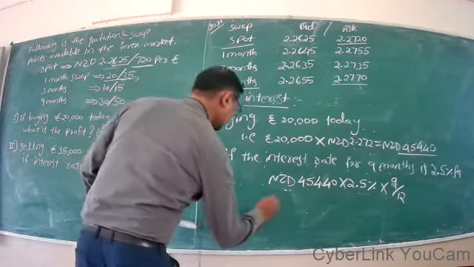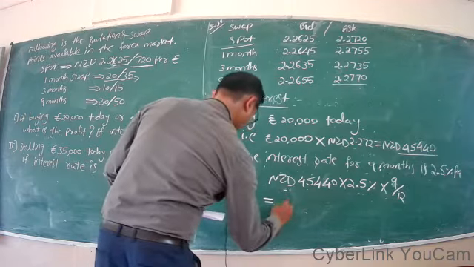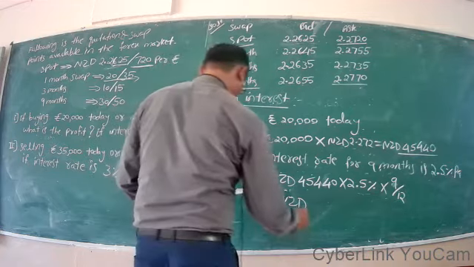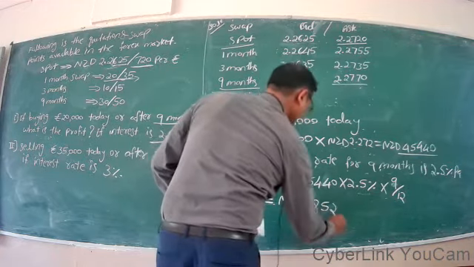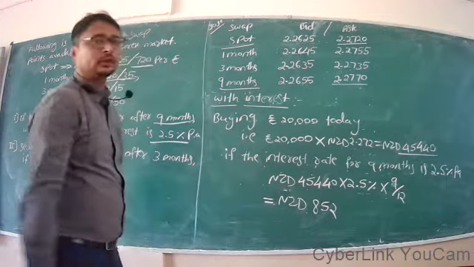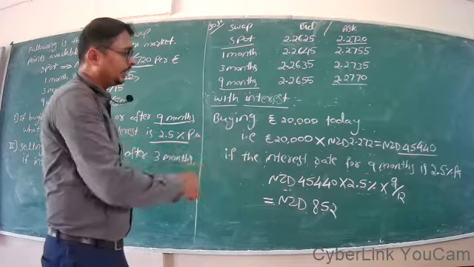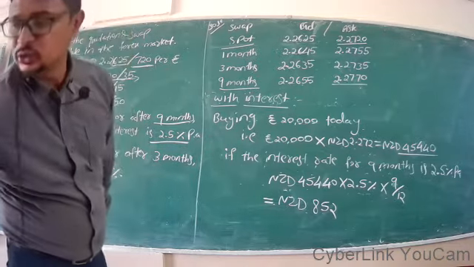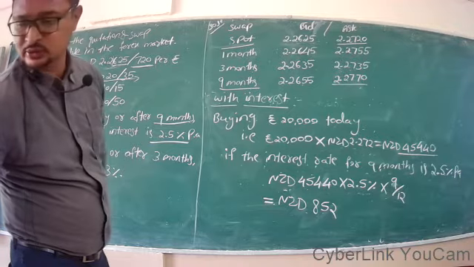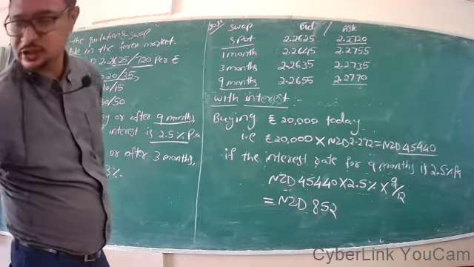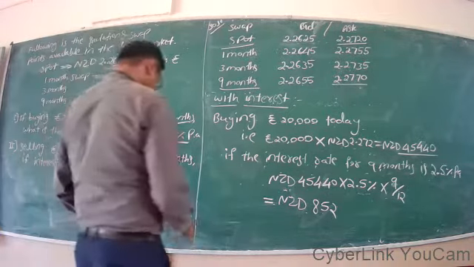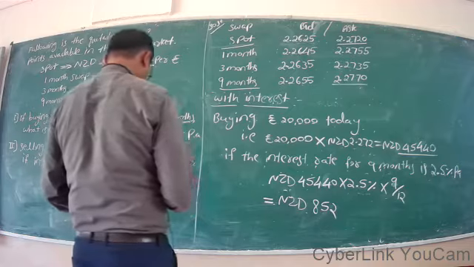That becomes the interest you need to pay, New Zealand dollar 852, right? So if you are borrowing the money 45,440, you have to pay 852 interest to the banker. Now, along with the interest 852, 45,440 becomes 46,292 New Zealand dollars.